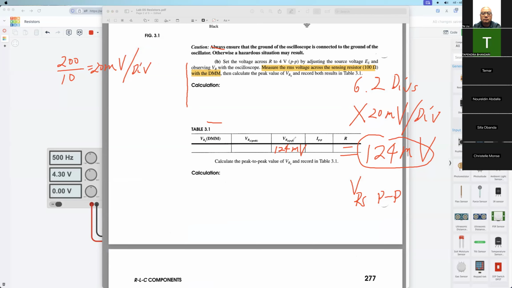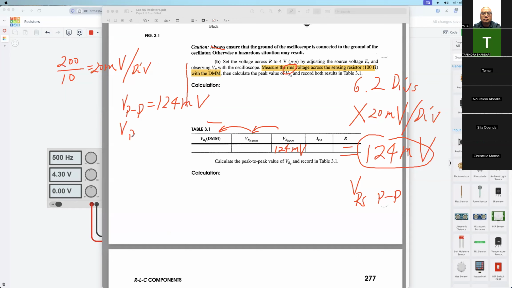Then from the peak to peak value, we need to go back to the peak value, then go back to the VRMS, that's the RMS value. Okay, so we need to use another way. Peak to peak value, go to peak value. So this is very simple. This is the peak to peak value, so we know it's 124 millivolt.